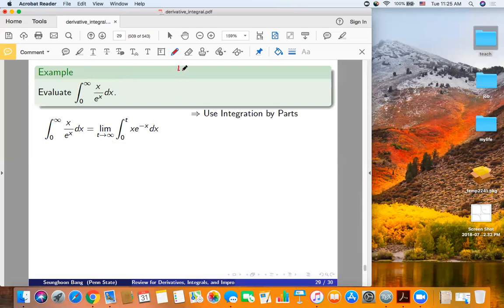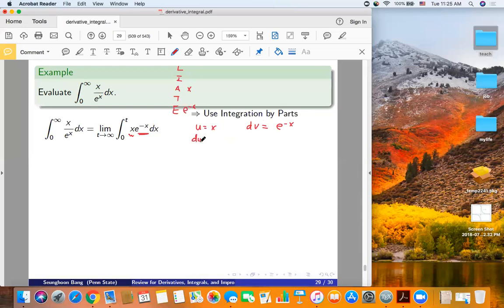This is LIATE. x is an algebraic function. e to the negative x is an exponential function. So in this case, which is u? Usually the top one. u equals x, and dv equals e to the minus x dx.